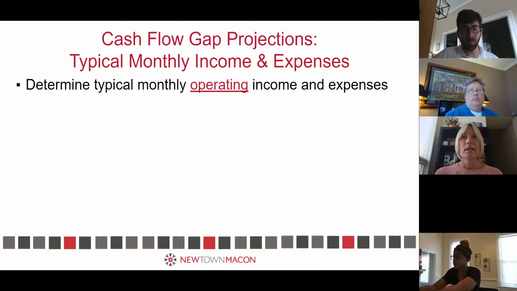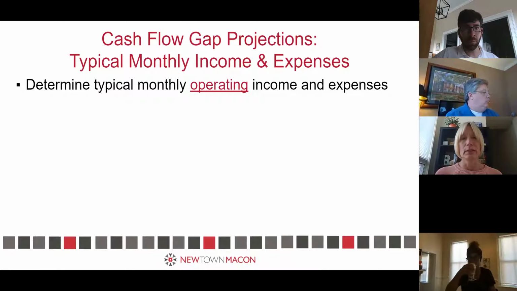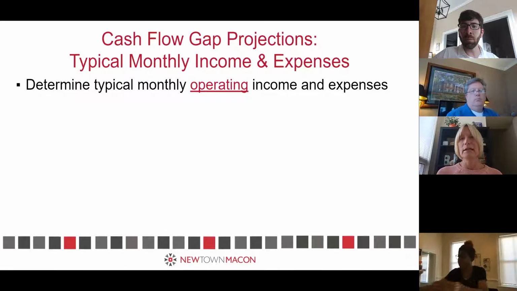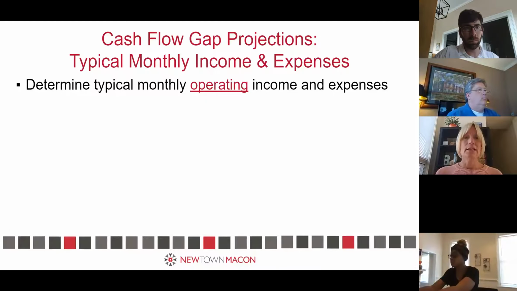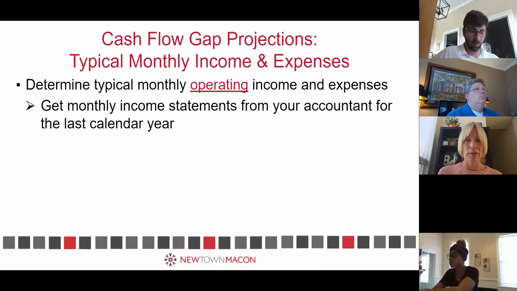Some of us are more seasonal with our business models, and it might be more helpful to look at what this time last year looked like for you. So if you work with any kind of your own accounting software, QuickBooks Online, maybe Xero, another cloud-based accounting software program, or if you have an accountant, that's going to be the easiest tool to use to help you determine these numbers, just running a couple average months.